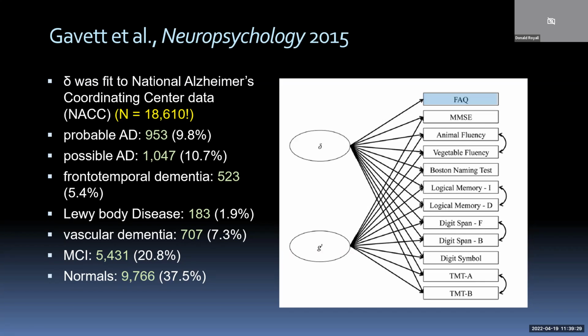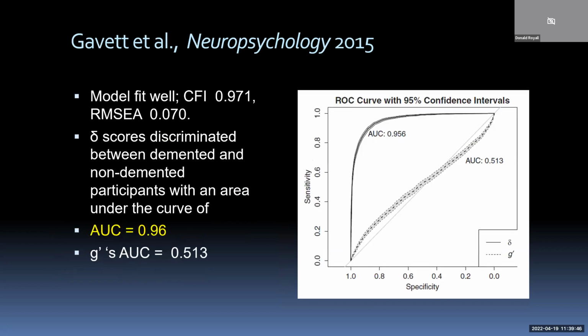He has a bunch of different cognitive measures, and he's going to use D to predict all-cause dementia from any diagnosis relative to the non-demented conditions of normal controls and MCI. So he's distinguishing those 2 groups. And the model had really good fit, and D achieves a high ROC for making this discrimination.